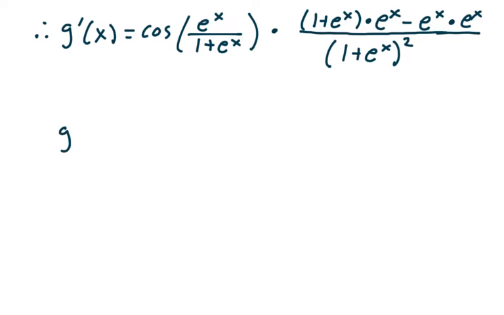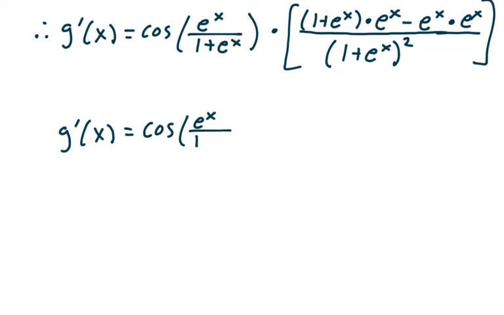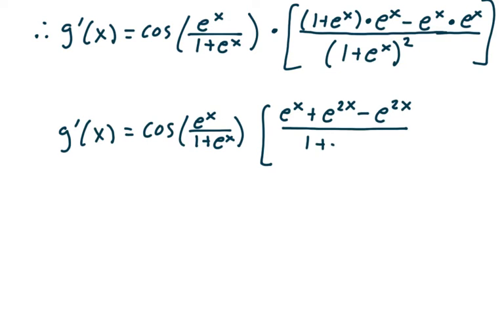And so g prime of x is cosine, put brackets around that, cosine of e to the x over 1 plus e to the x times e to the x plus e to the 2x minus e to the 2x divided by 1 plus e to the x squared.